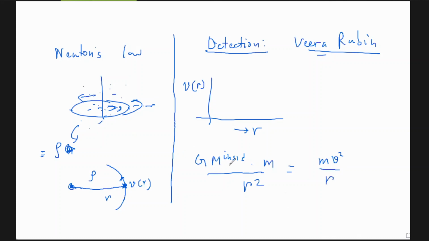Now this m inside, what is it as a function of r given a uniform density? It is also a function of r and rho. It is 4/3 pi r cube rho. So G rho 4/3 pi r cube, this is the volume times the uniform density, by r square, equals v square by r, and m gets cancelled. So how much is the v?